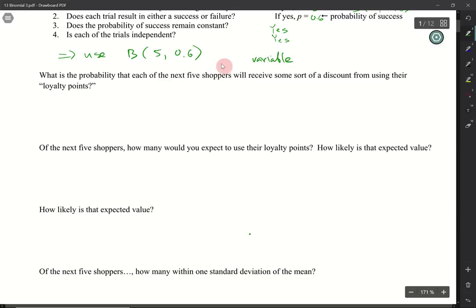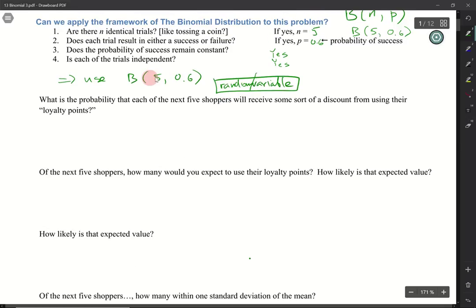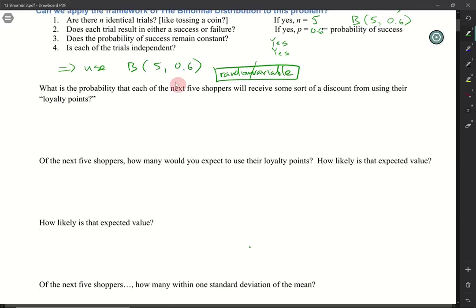RV is a random variable, right? Random variable. So we know we're going to use this distribution, so we have to have a random variable first. Once we have a random variable, we connect it to the probability distribution. So what would a good random variable be?